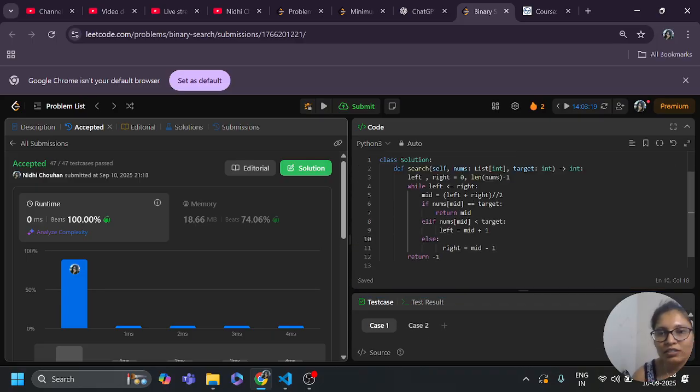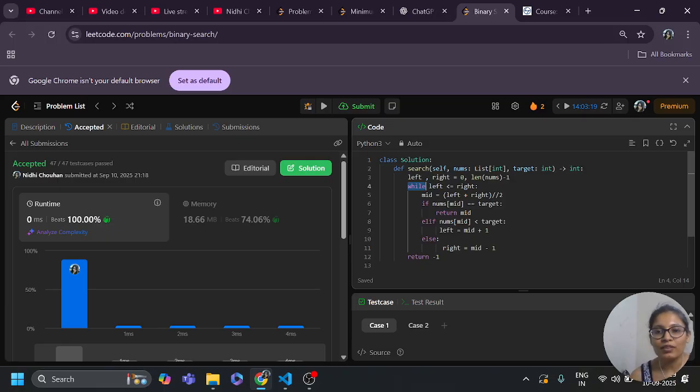So here you can see this is the class and this is the function, and these are the arguments: self, numbers, and target, which we need to find in this list. Here left equals 0 and right equals length of numbers minus 1. In the while loop, while left is less than or equal to right, you need to calculate mid equals left plus right divided by 2.